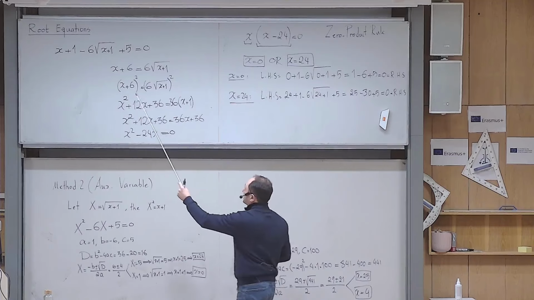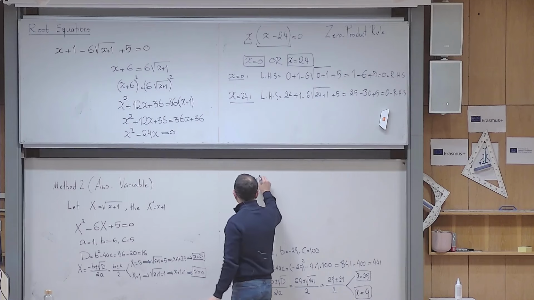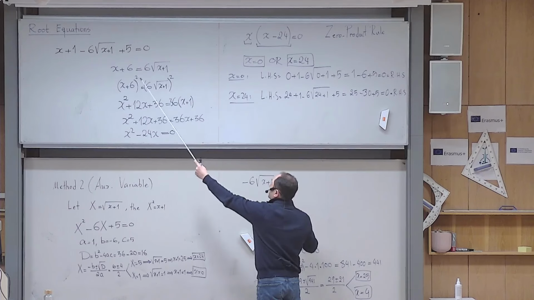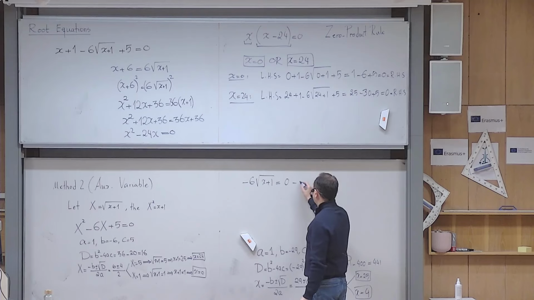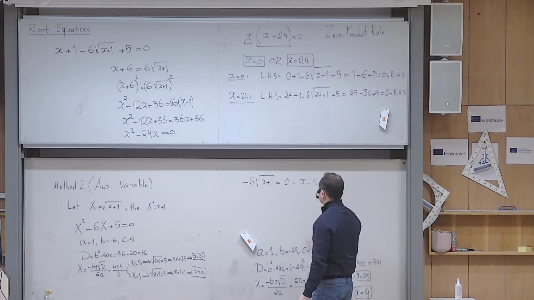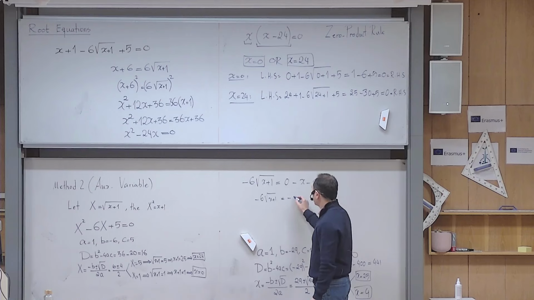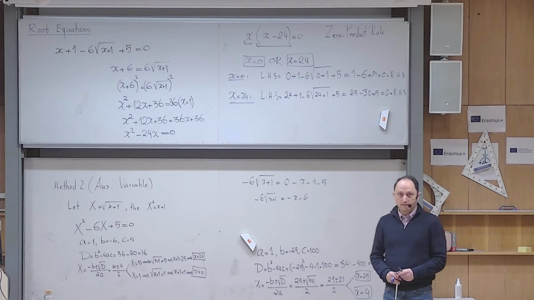Okay, so let me just do that. So it means that you kept this minus 6 square root of x plus 1, and then 0 is already there, so 0. You moved x, 1, and 5 there, so it becomes minus x minus 1 minus 5. So then it becomes minus 6 square root of x plus 1 equals minus x minus 6. Then what? Yeah, and then I divided by minus 6.